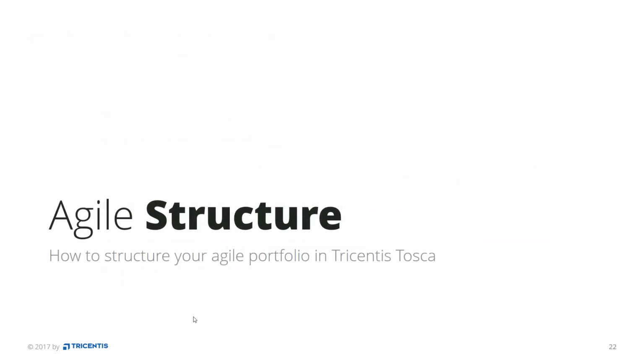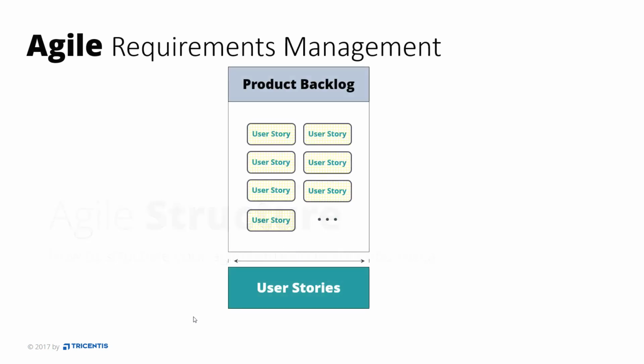Alright, let's go to the structuring in Tosca. How to structure your Agile portfolio in Tricentis Tosca. When talking about requirements management, so the requirement section in Tosca, you always have a product backlog with your user stories listed.